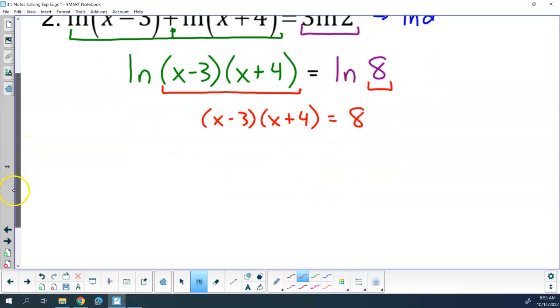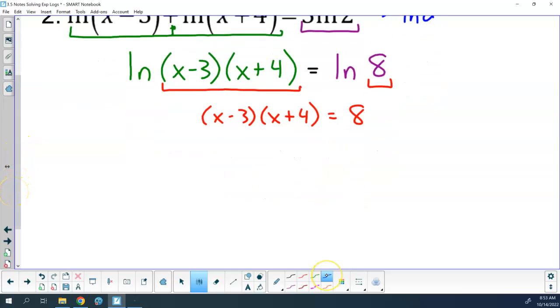Double distribute. x squared plus 4x minus 3x would be plus x, minus 12 equals 8.